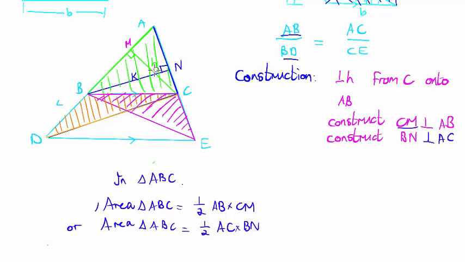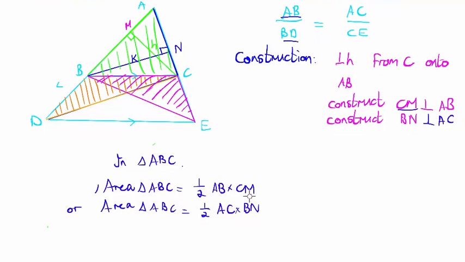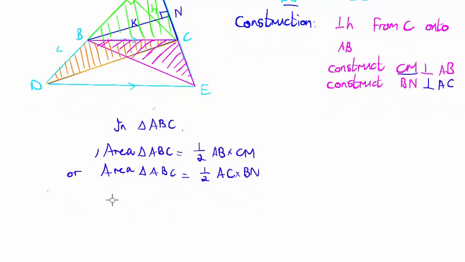Now again, you could have called them H and K, it doesn't matter, as long as you keep the CM and BN later on when you use that height again. And so therefore, because these two are equal, those two must be equal. So in other words, a half AB times CM must equal a half AC times BN.